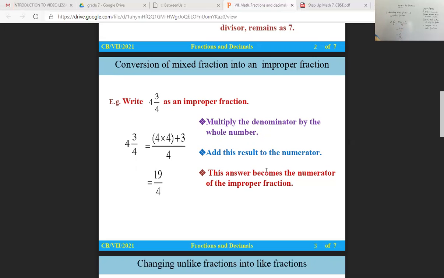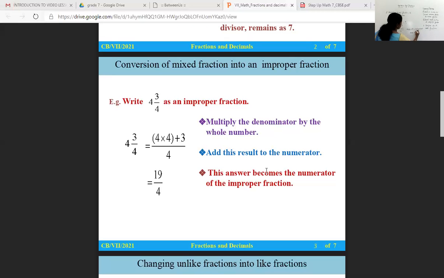So you multiply the denominator with the whole number and add the numerator. Another way to say it: denominator into the whole number plus the numerator.